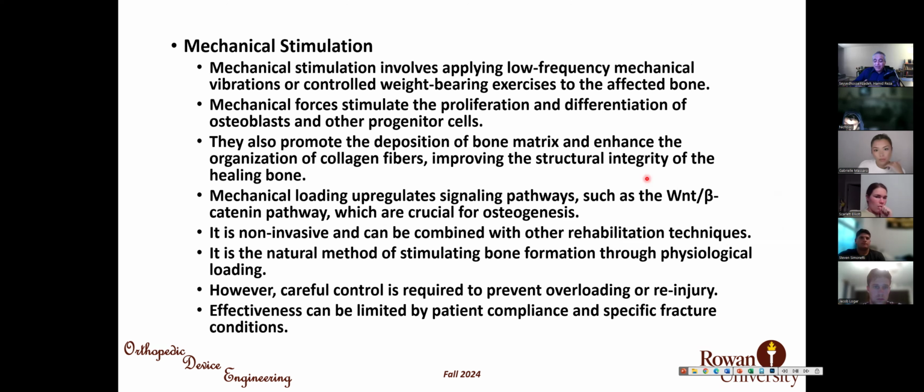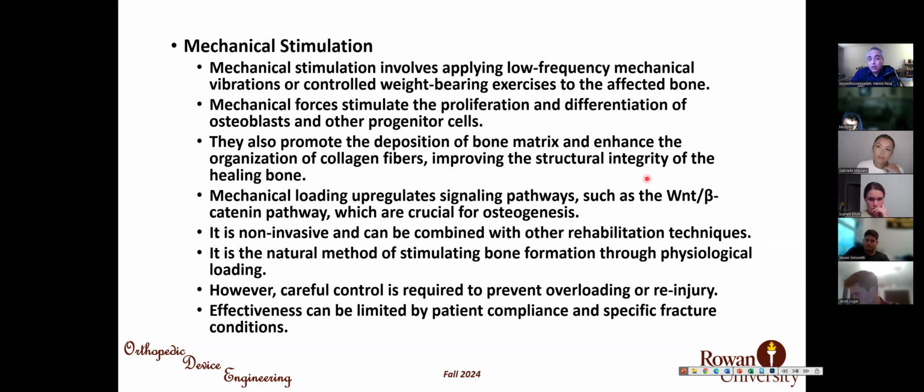Now, we can use the same concept for fracture healing. When a patient has delayed union, we can use load bearing on that bone, but with protection, for example, with a cane on the leg or femur, or with protection of braces on the forearm and arm.